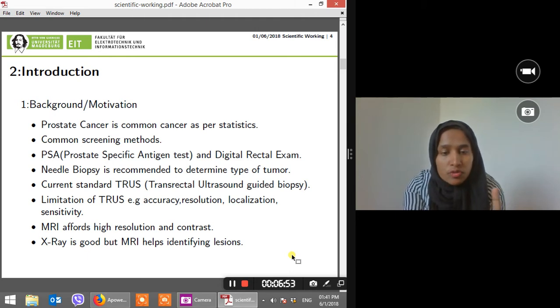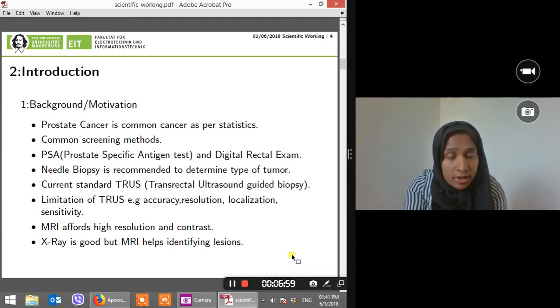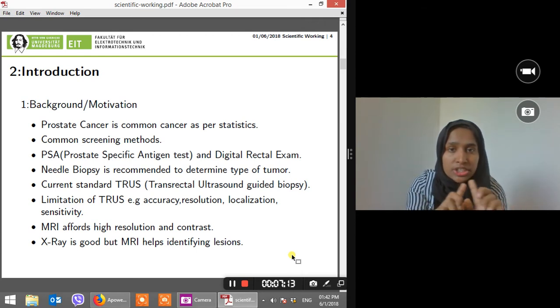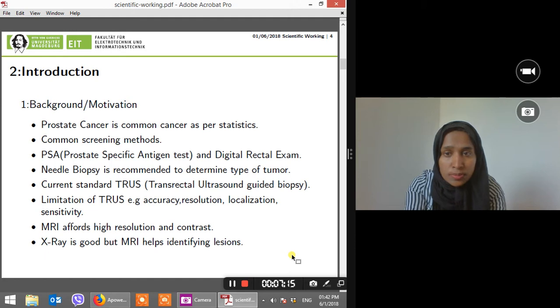When prostate cancer is detected, a needle biopsy is normally recommended to determine the type of tumor, whether it is a benign tumor or a malignant tumor. Obviously we are also interested to know how much area is affected by this tumor.